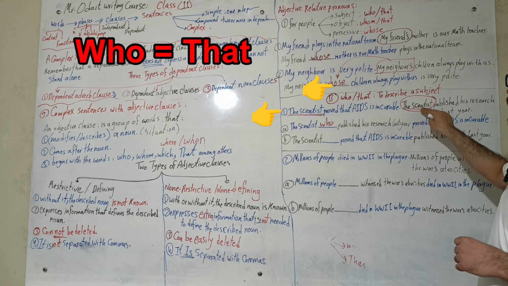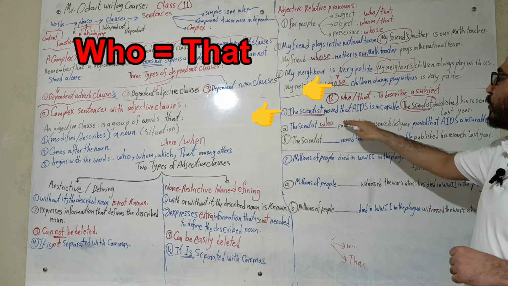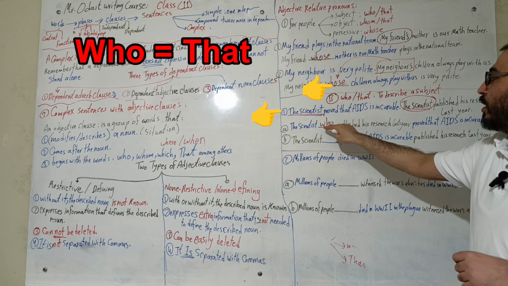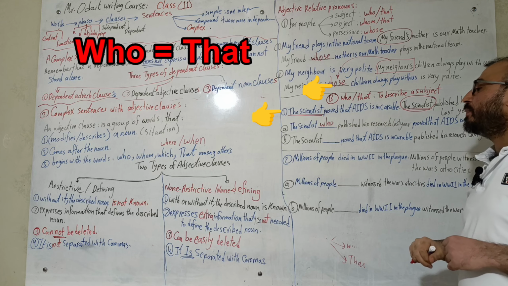And here, my friends, I deleted the noun phrase and I put the subordinator. That's why now this here in black, this clause has become dependent.